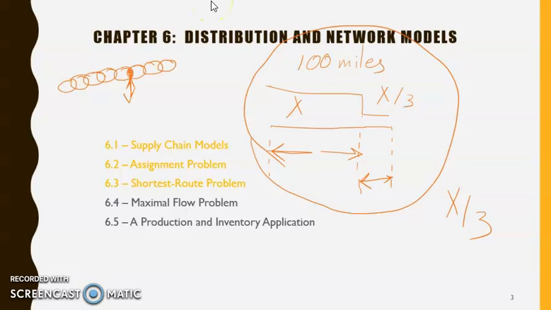Remember this example. It is exactly the same as this example, because when we talk about chain and we say the strength of a chain is the same as the strength of the weakest link, it makes sense. And it is exactly the same thing with the roads.